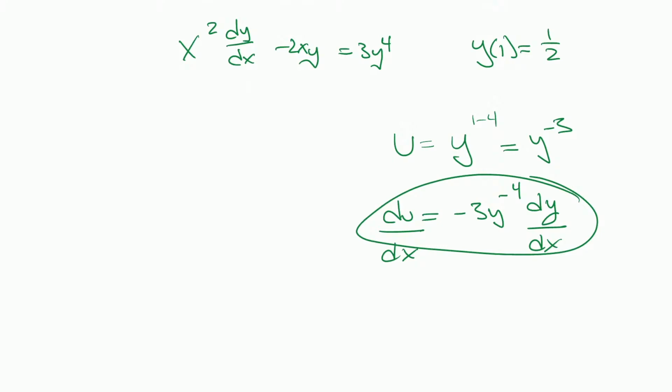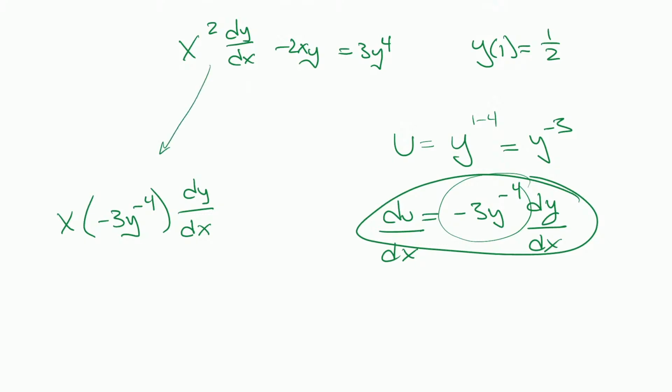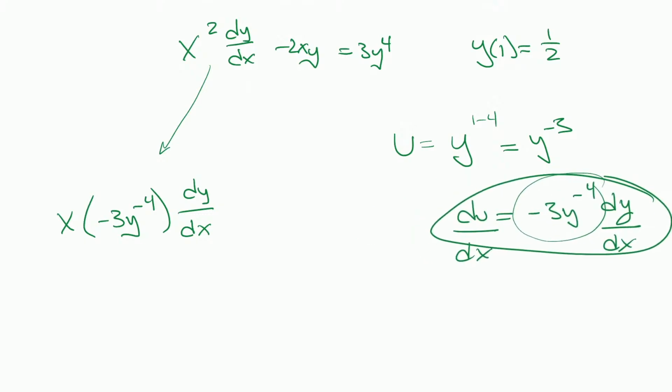Okay, so what we're going to do now is, I think I'm going to fabricate this, as is my want when I do any substitution. I don't like doing the substitution without having exactly what I'm substituting. So if I'm going to put that there, I better put it everywhere, which means it gets multiplied. So basically multiply through by that negative 3y to the negative fourth.